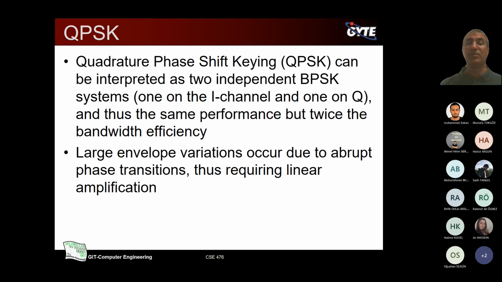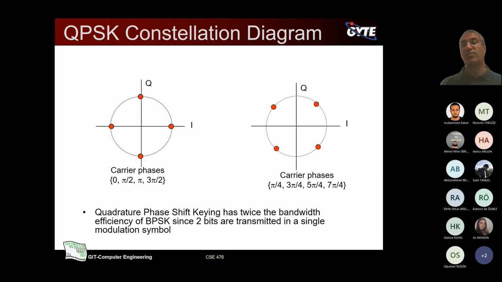This type of modulation requires a linear amplification because of the large envelope variations, and this is due to the abrupt phase transitions. Let's look at the QPSK constellation diagram. Bit 00 is assigned to this S0, which is phase 0. 01 is assigned to pi over 2. 10 is assigned to, sorry, 11.